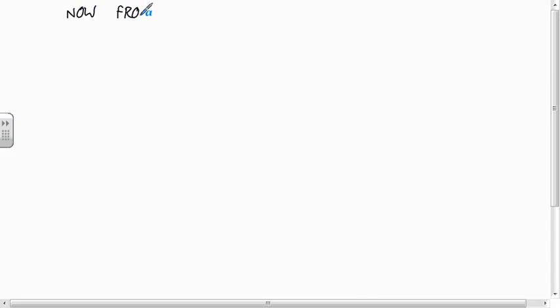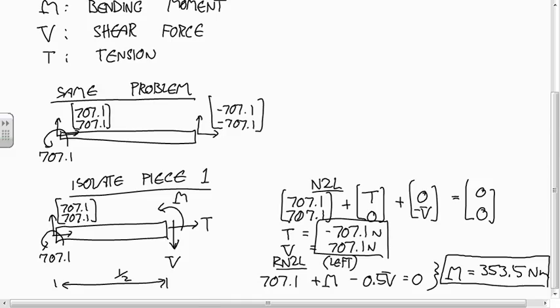And what should we see for these values? This time we're going to see that T is going to come out to be negative 707, V is going to be positive 707, M is going to be positive, that should be negative, shouldn't it? But anyway, it should match. M is going to be negative 353 again.